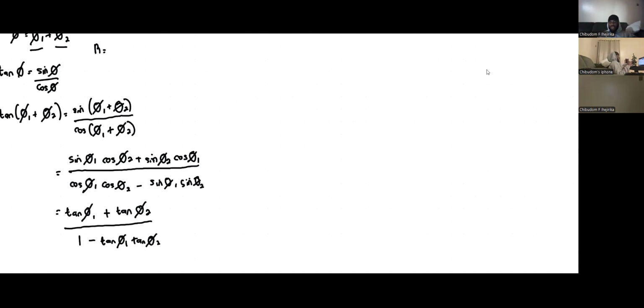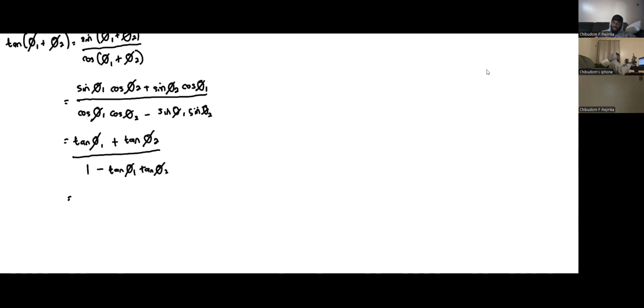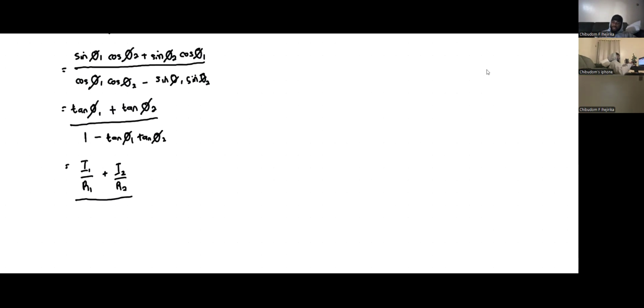That's the gist of the whole thing. So let me just write that: I2 over R2, divided by 1 minus R1 multiplied by I2 over R2.